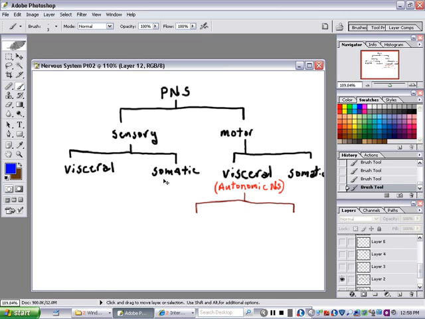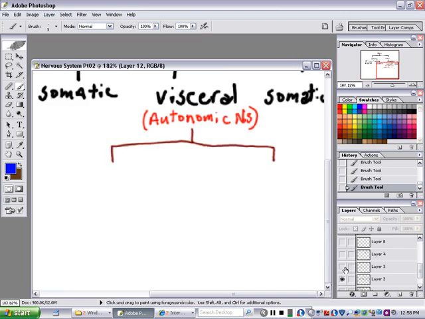Okay, here we are. So there are 2 parts of the autonomic nervous system. One is when you're under stress, and the other is when you're relatively comfortable.